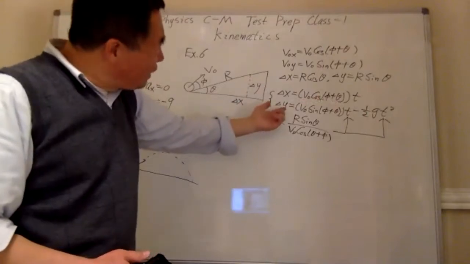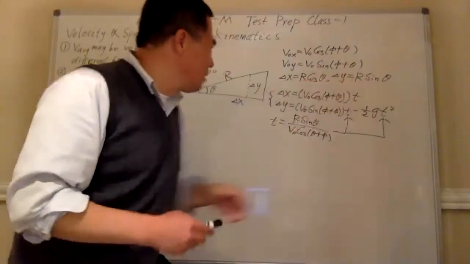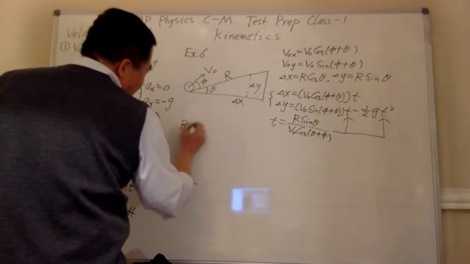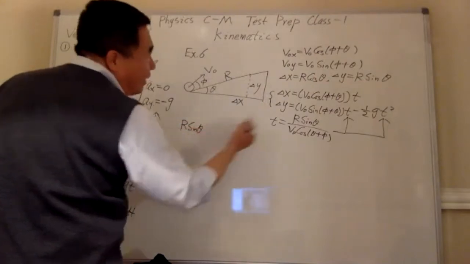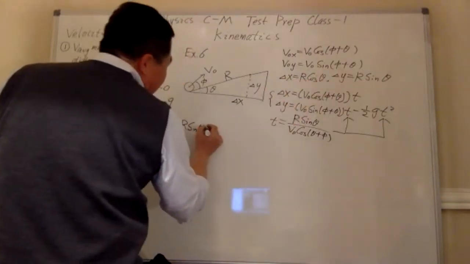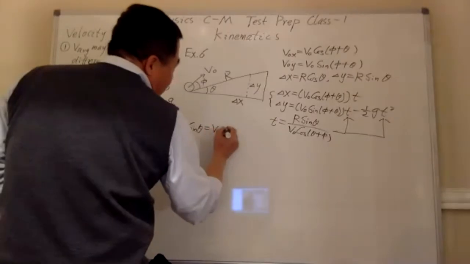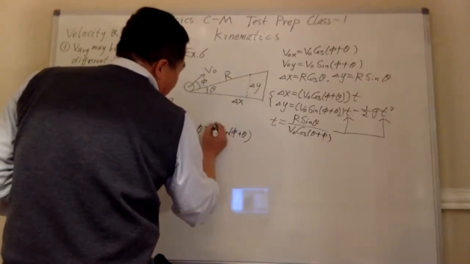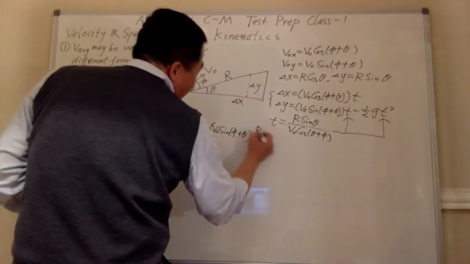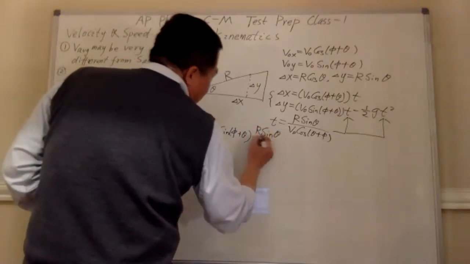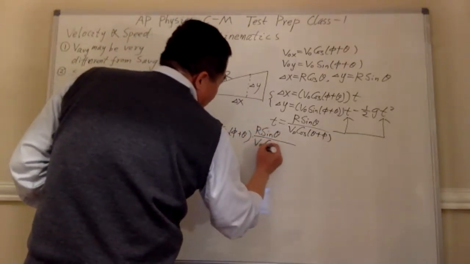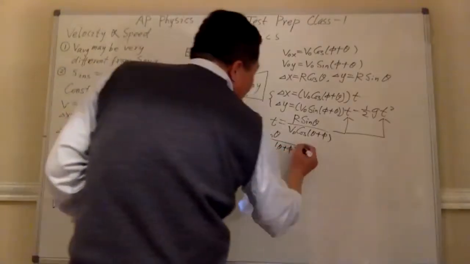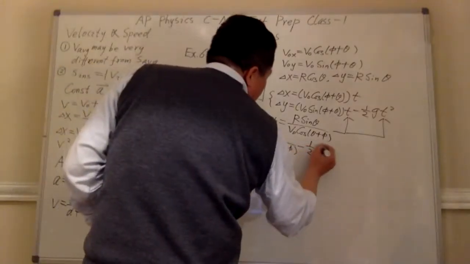We said delta y equals r sine theta. We put delta y equals r sine theta there. Then V naught sine (phi plus theta) times t, where t equals r cosine theta over V naught cosine (phi plus theta), minus a half g t square.